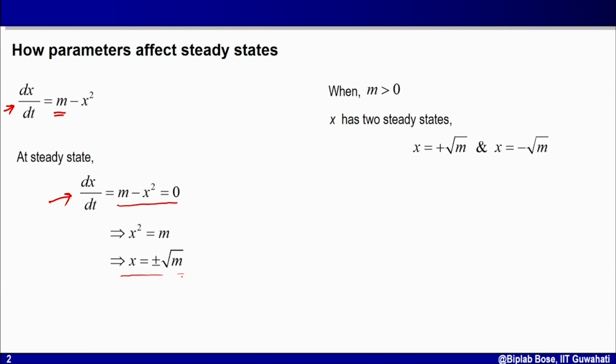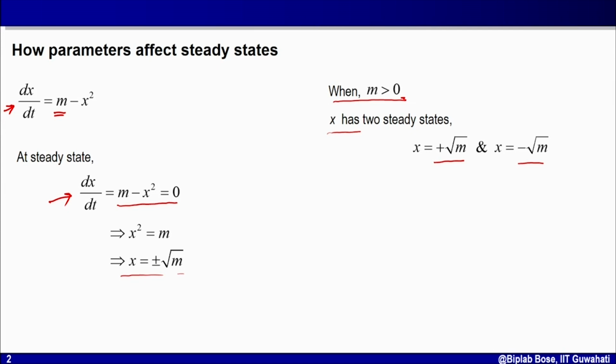So, let us take different values of m and see how the steady state changes. First case, when m is greater than 0. For example, value 4, 16 or something like that, x will have two steady states. One is plus square root of m, another one is obviously minus square root of m.